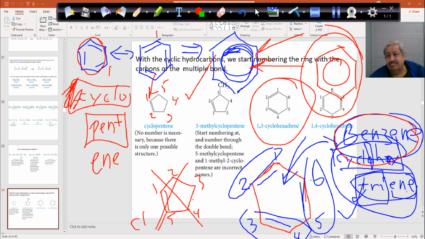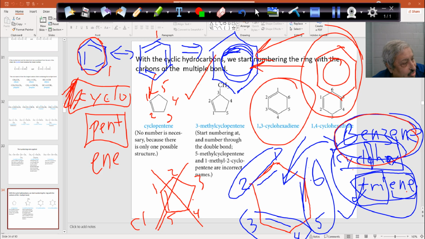Make sense, guys? And you can look at the other naming: benzene is cyclohexatriene. The name is correct.